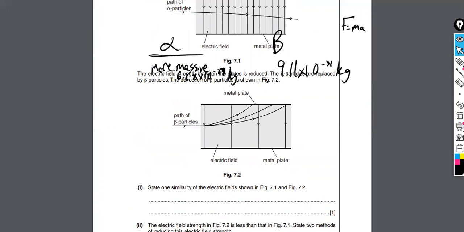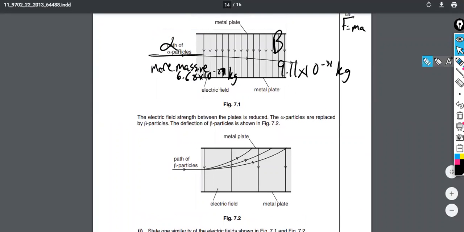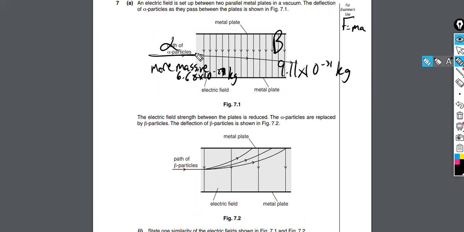What if we would have sent the beta particles into this field? What if we didn't reduce it? What would that look like? It's just a stronger field, so it's a stronger force. They had to decrease the field strength to even get these results, because if not, it would have immediately crashed into the plate.